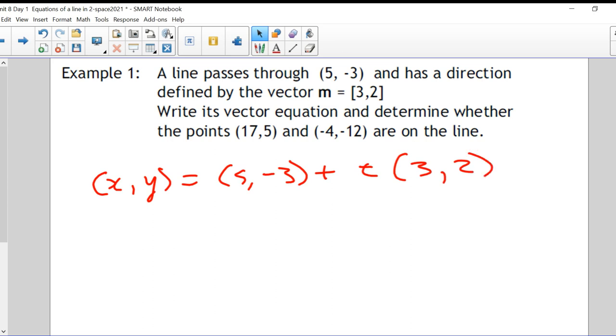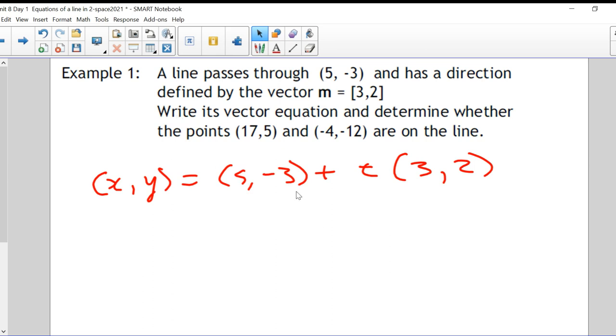So we're saying you can define any x and any y on this line by using a point on the line, which is the point they're giving you, (5, -3), and some scalar multiplied by the direction vector (3, 2). I know this doesn't sound anything like y equals mx plus b, right? But I devised it this way so that we could also extend this to 3 space. In 3 space, we'll see how the equation looks different.